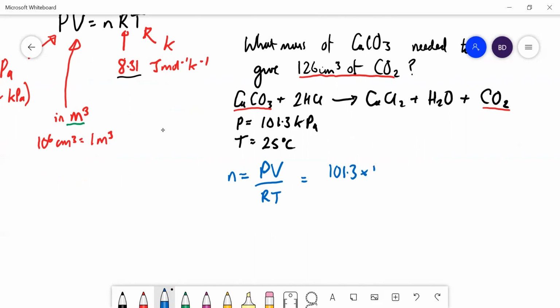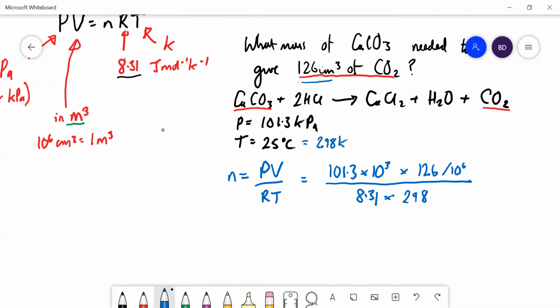101.3. We've got to remember to convert it to pascals. Multiplied by, now we need to convert these into meters cubed, so we need to divide by a million. So 126 divided by 10 to the 6. R is 8.31. 25 degrees C, that's 298 Kelvin, just add 273 to it. And let's work out all of that number of moles then.